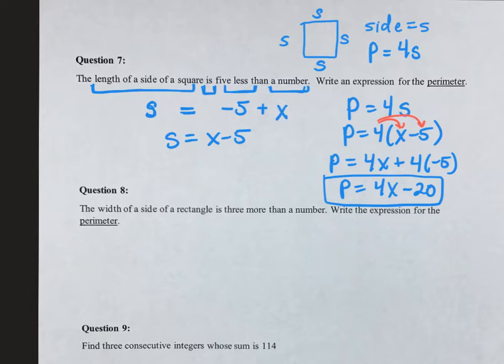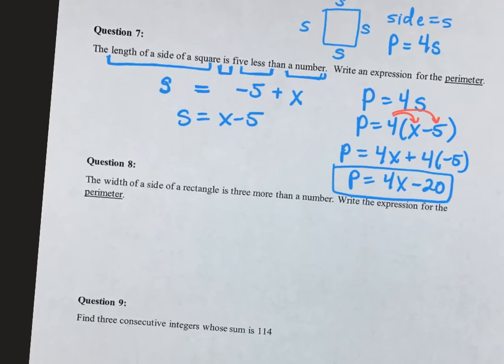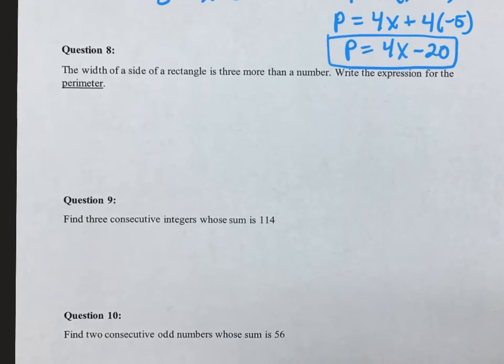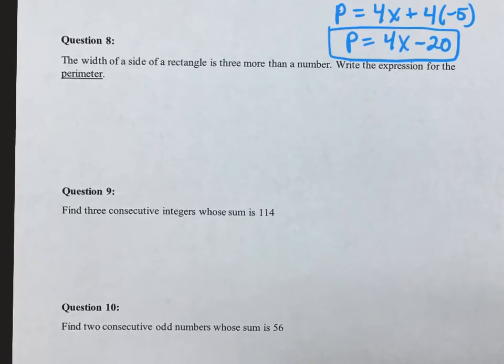Okay, our next question, number 8. The width of the side of a rectangle is 3 more than a number. Write the expression for the perimeter. So now we've got a rectangle here.